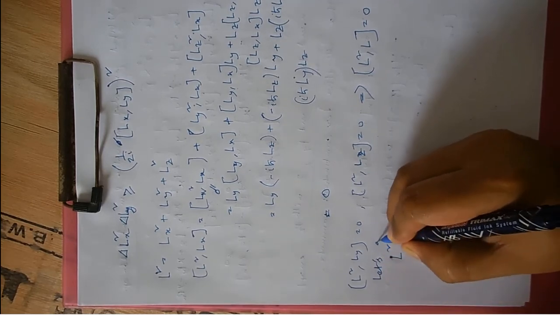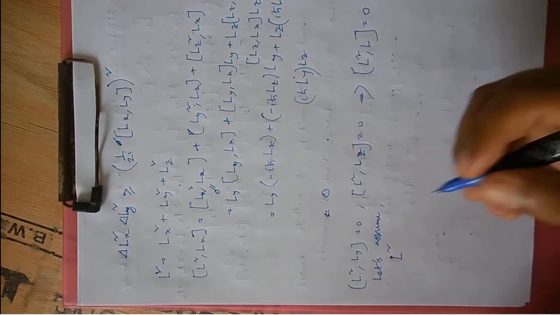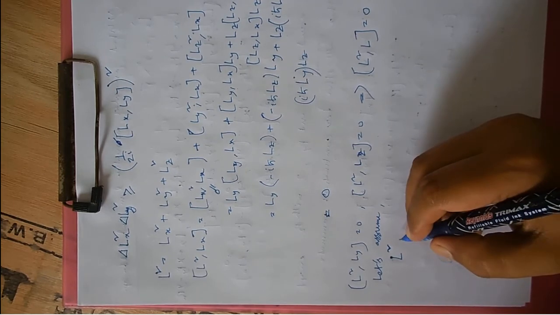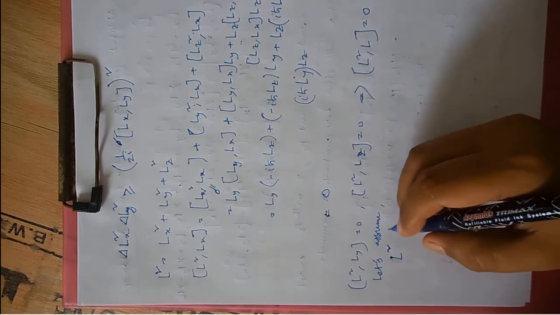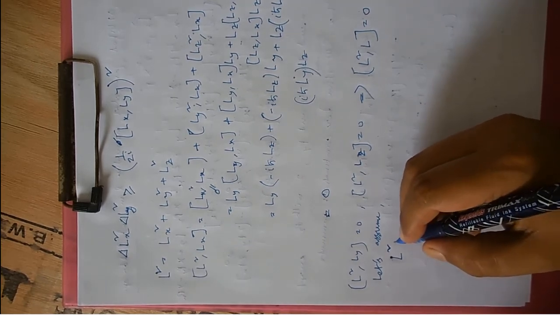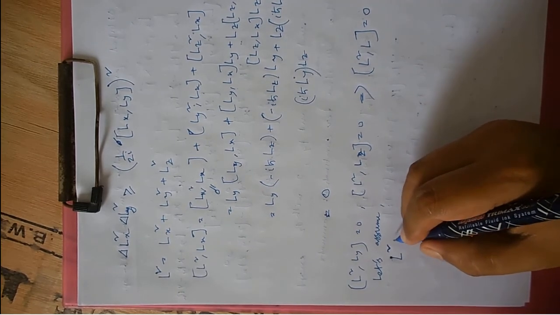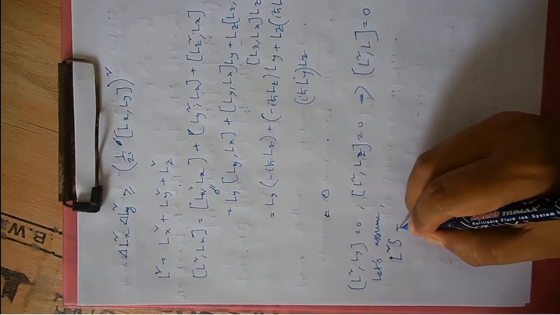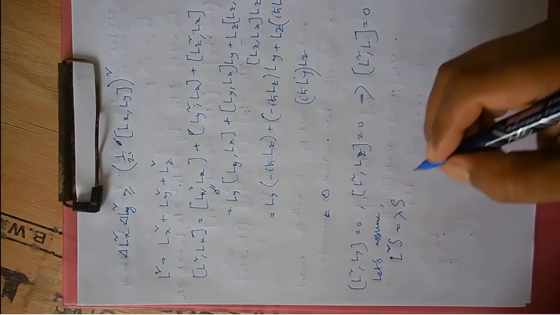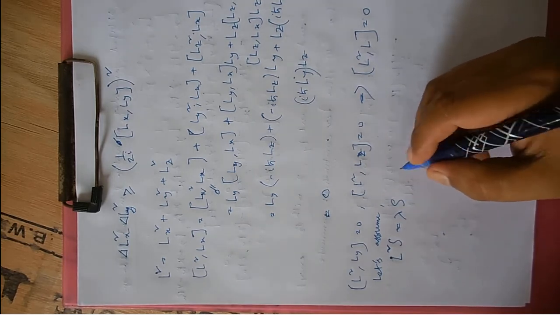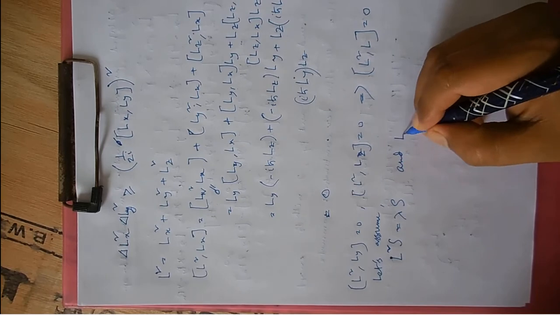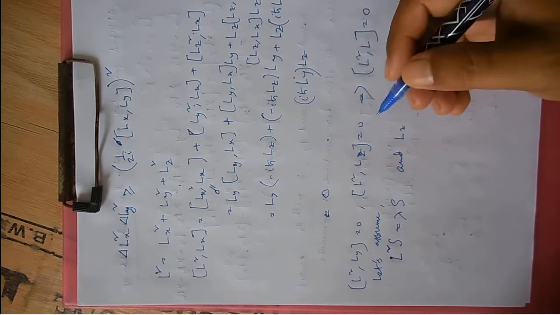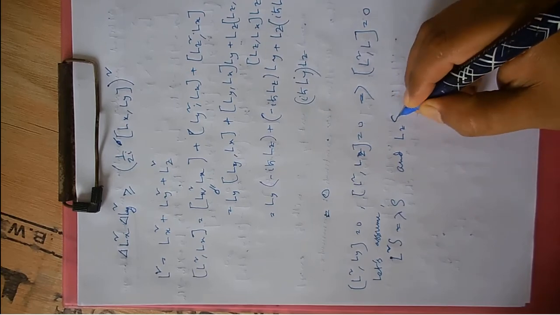Let's assume L square acts on that eigenfunction, and let me define the eigenvalue as S. Similarly, Lz will also give its eigenfunction because they commute with each other, so it will operate on the same eigenfunction.